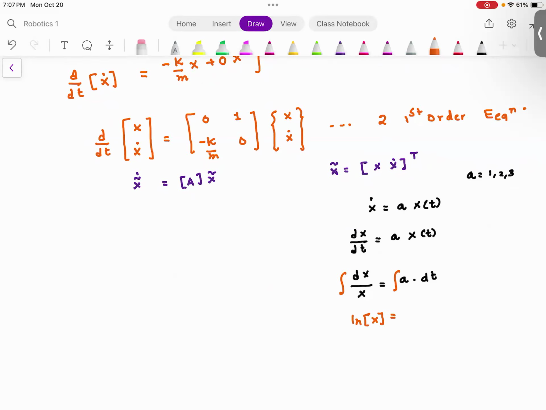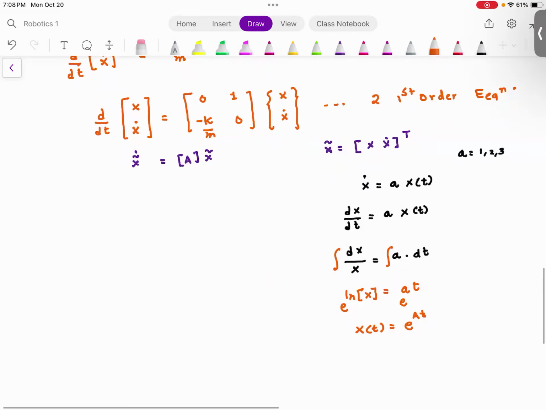Integration of a dt is at. I'm going to take the exponential on both sides. So I get x of t is equal to e to the at.